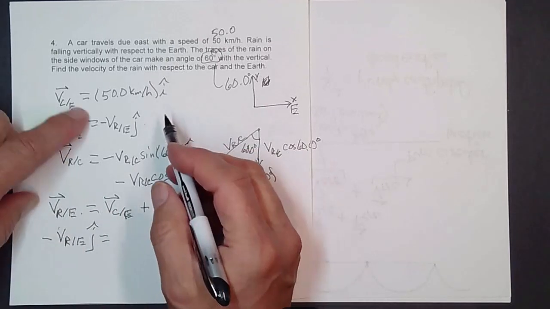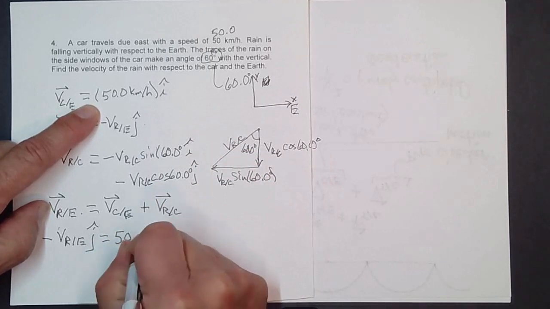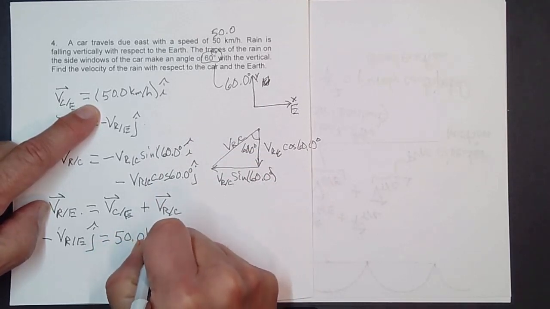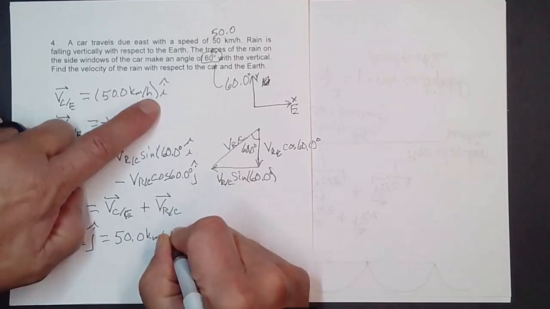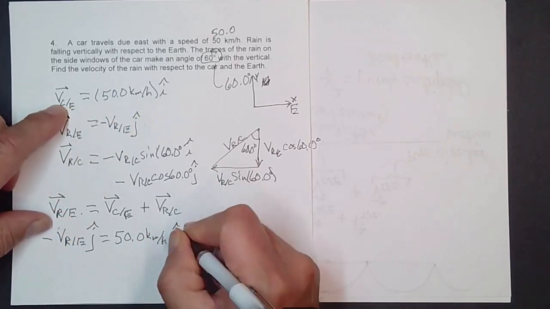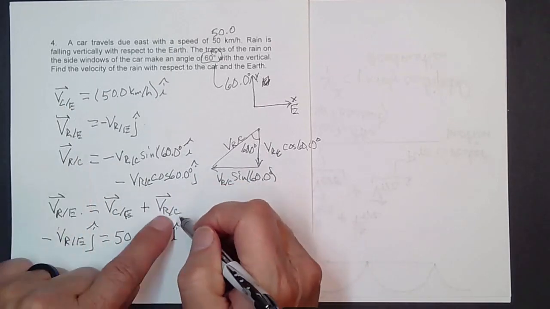Velocity of the car with respect to the earth is 50.0 kilometers per hour in the i-hat direction. The velocity of the rain with respect to the car is what comes next.